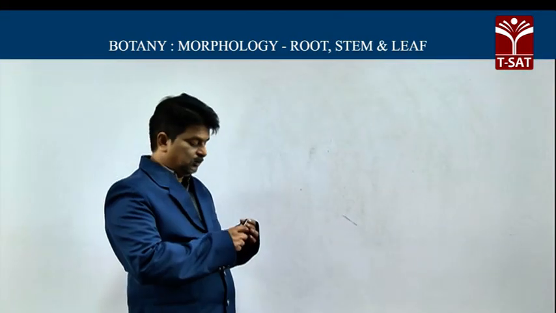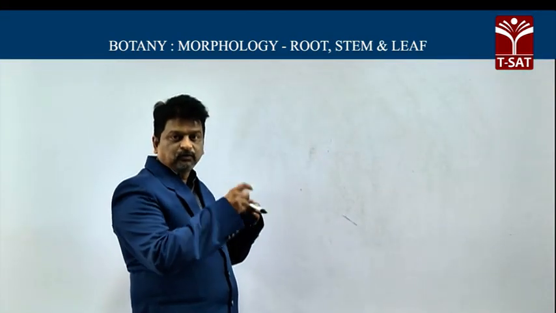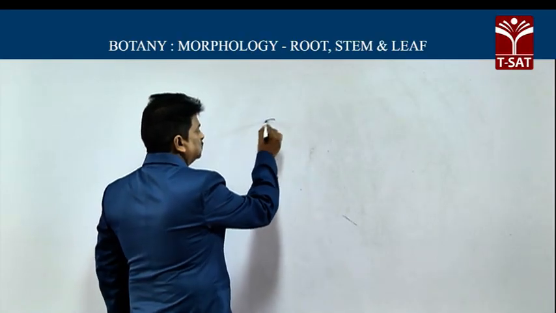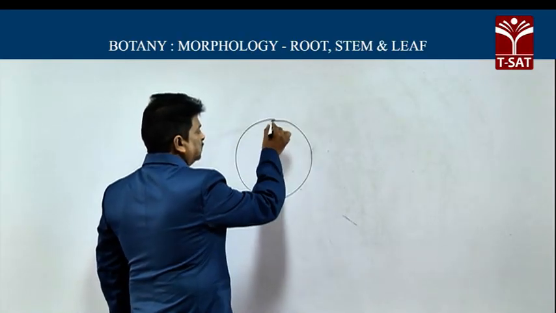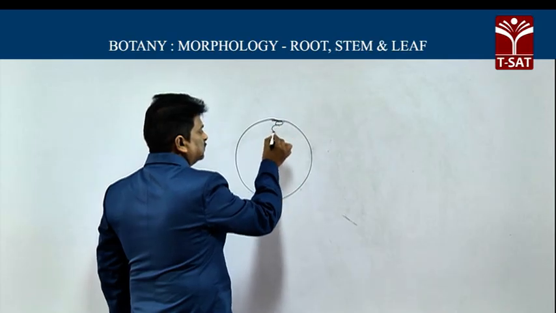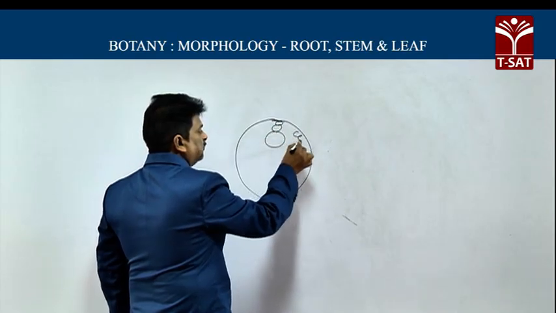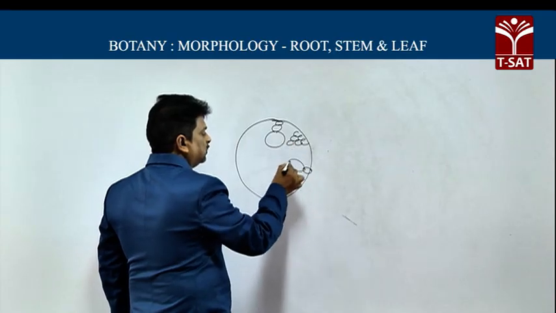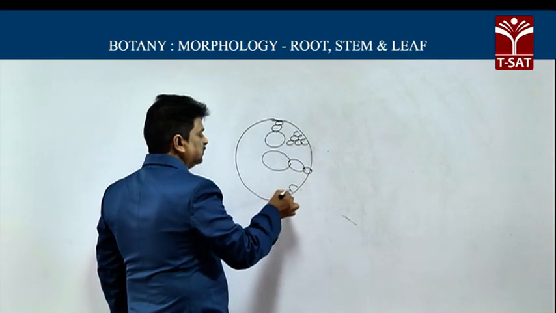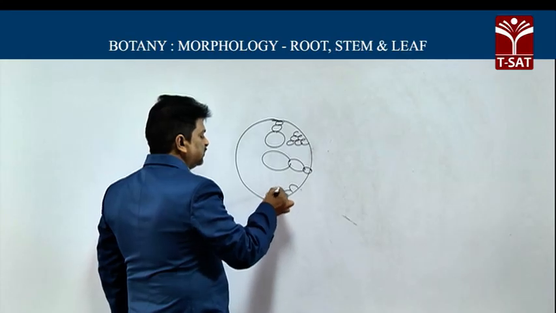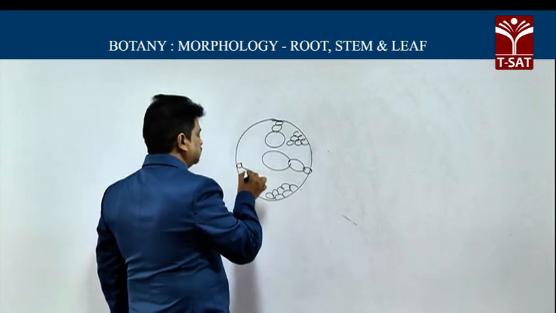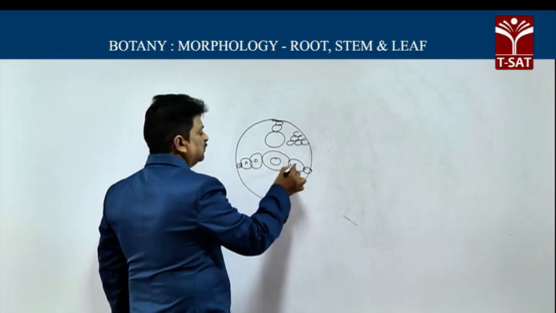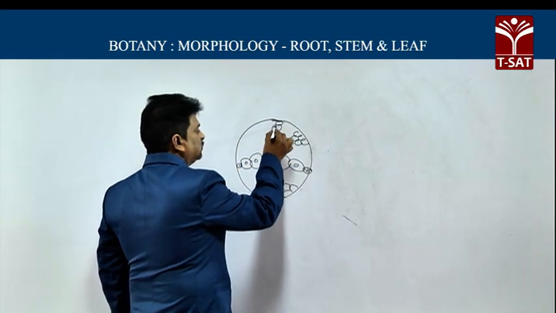Parasitic roots. Actually, consider the xylem and vascular bundles in roots. Vascular bundles in roots are called radial. Radial means xylem and phloem are separate and present on different radii. If xylem and phloem are present on different radii, they are called radial vascular bundles, found in roots.